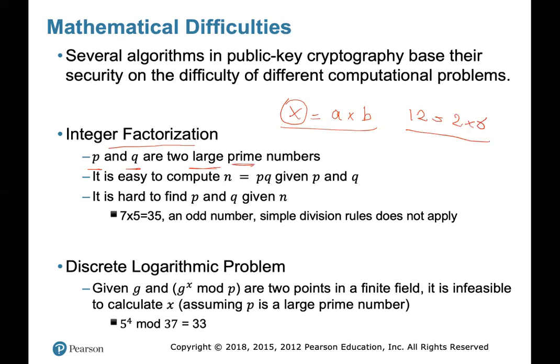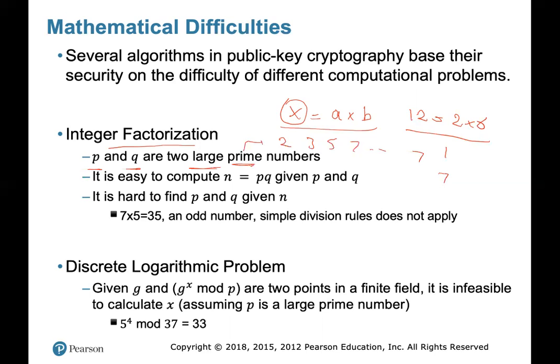Of course, all of you know what prime numbers are: 2, 3, 5, 7, and so on. These are numbers that are only divisible by 1 and themselves, nothing more. For example, 7 can only be divided by 1 and 7. There is no other divisor for 7. These are called prime numbers.